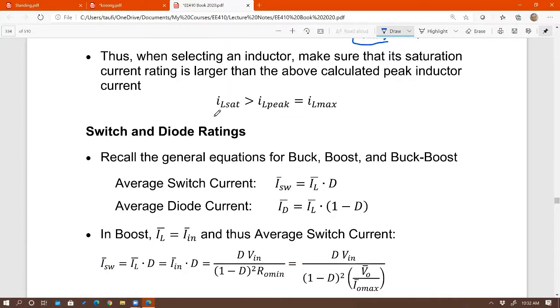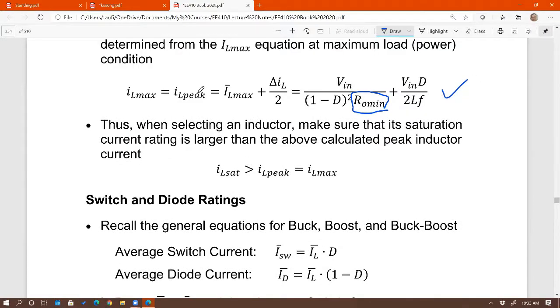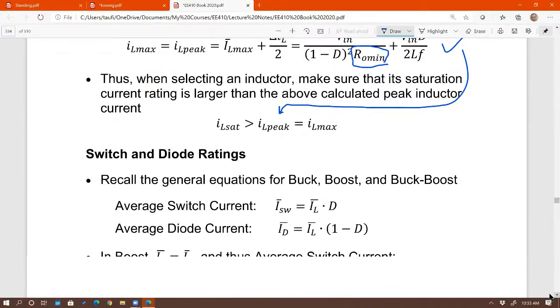As I said earlier, IL set is being used to size the peak current of your inductor. So make sure that whatever you calculate from this equation, you put into here and make sure that value is less than the IL set that you pick for the inductor that you will be purchasing.